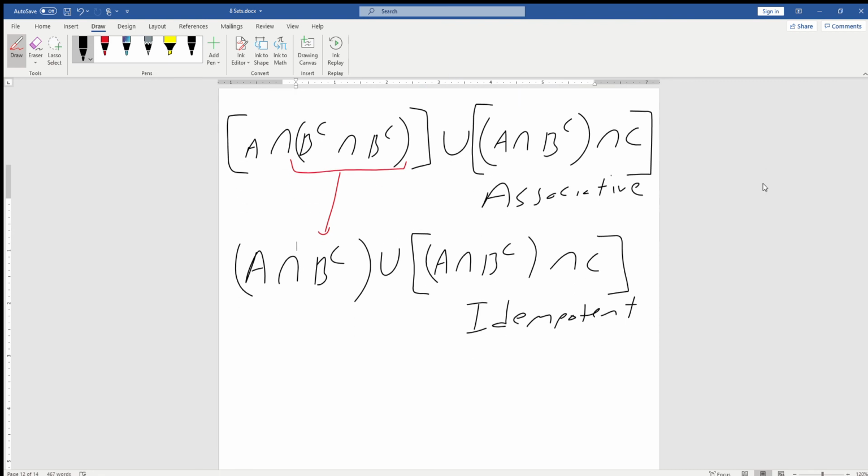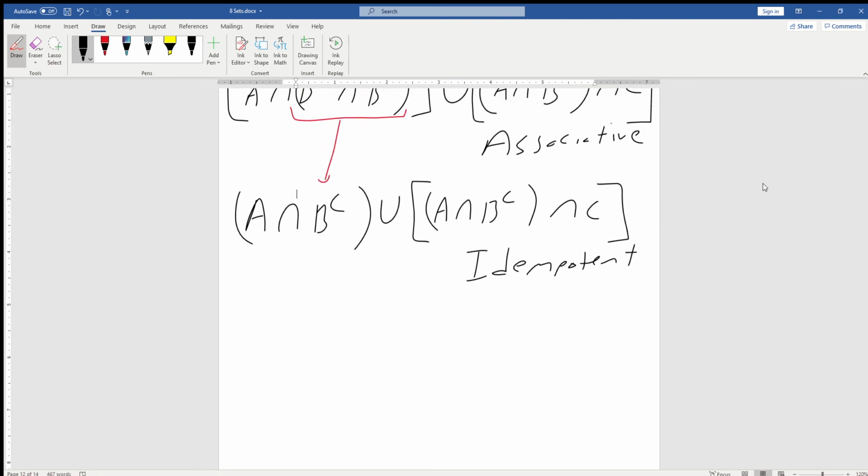Finally, we're at the point where we can get rid of some stuff, because I want you to notice that we now have two of the exact same set: A intersect B complement, and A intersect B complement.